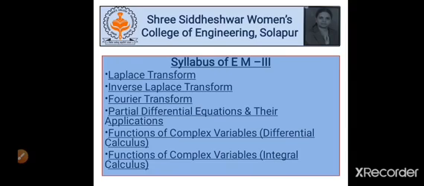Functions of complex variable related to differential calculus is the 5th unit, and functions of complex variable related to integral calculus is the last unit. So our syllabus of M3 is divided into these 6 units. When you go through the content of these 6 units, you will know that the derivative and integration formulae are a must to solve the examples from all these 6 units.